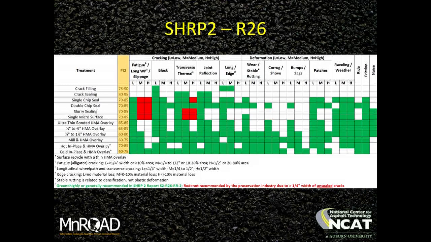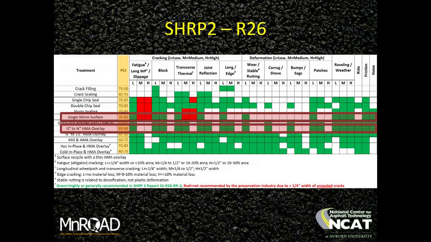So essentially this is a multicolored, broadened version of the slide that I showed you previously. What I want to illustrate here is that if you highlight microsurface and then thin lay surfaces, that tells you what's possible to choose, and what not to choose, but it doesn't really provide any kind of guidance on cost per mile, like what is the best investment in terms of cost per mile.